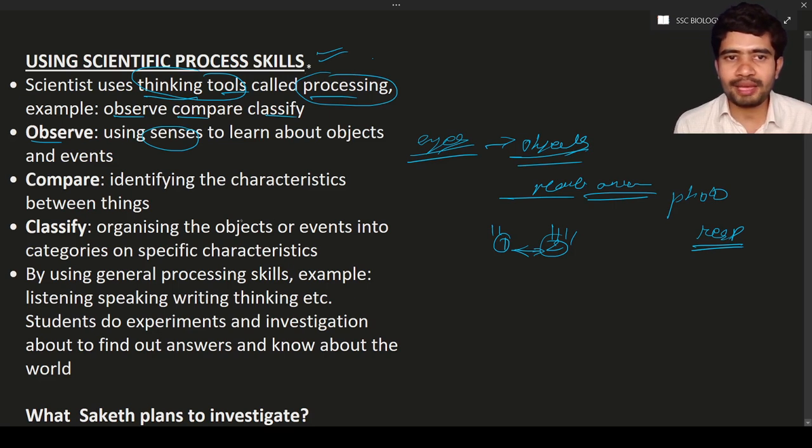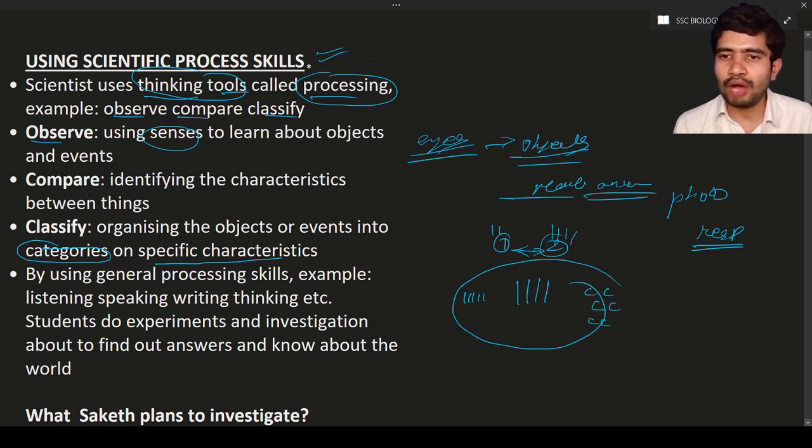Next one is classify, which means they group them into categories. Grouping them into categories is known as classify or classification. Based upon a few characteristics, they identify and classify. For example, if I give you chalk pieces, some are very short, some are very long, and some are colored chalk pieces, all in a group. How do you process?